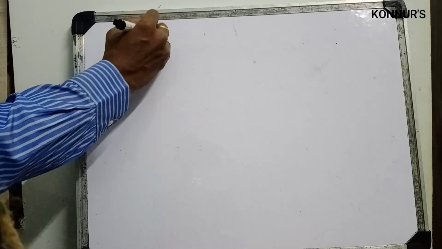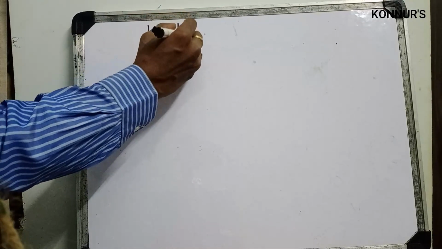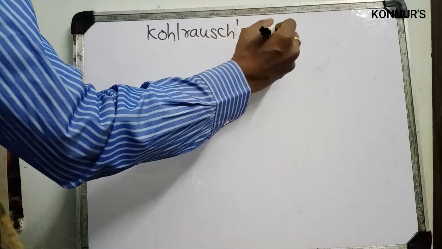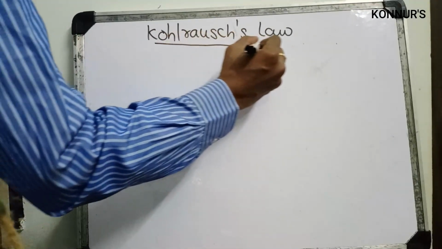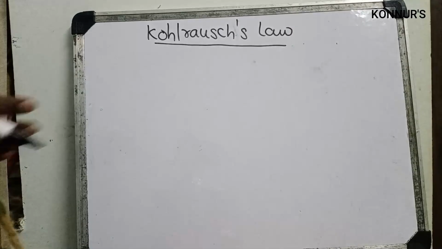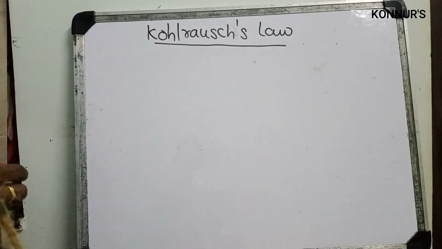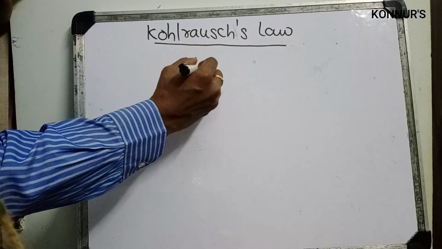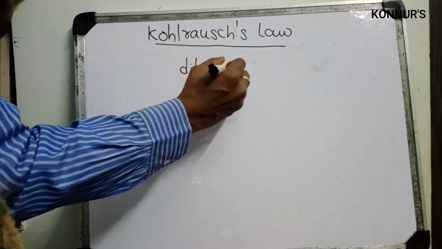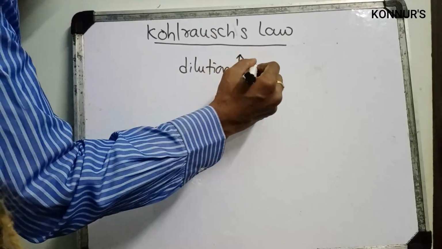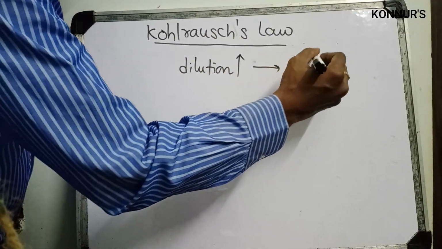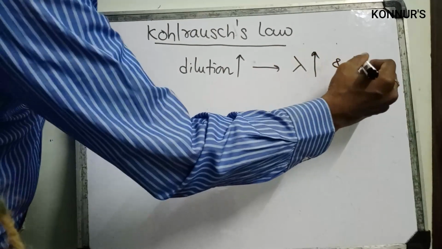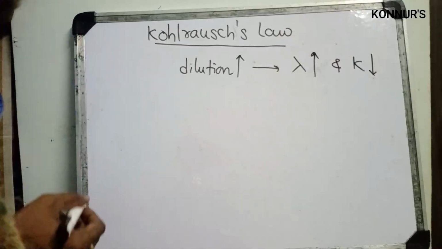Next important point, we will discuss Kohlrausch law. This is also related to our previous discussion only. What is the relation with dilution? When dilution increases, lambda value continuously increases and K value decreases.